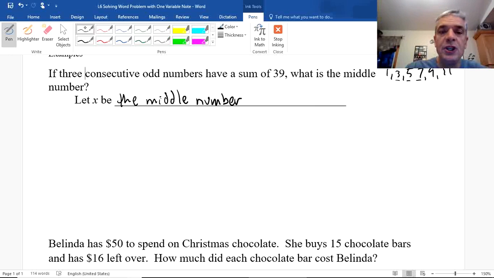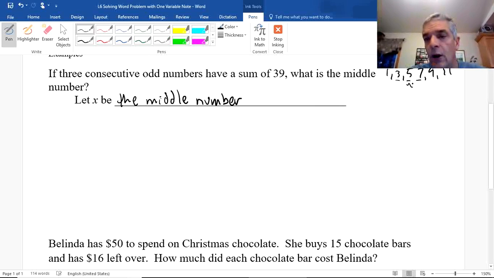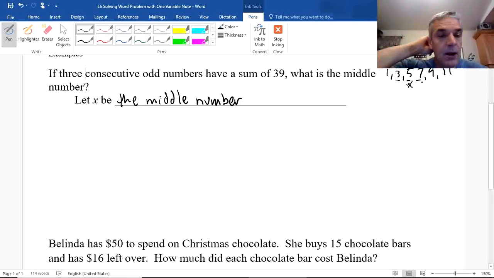Now, once we do that, think of x as being like 5, because if we were talking about 3, 5, and 7, x would be the middle number.